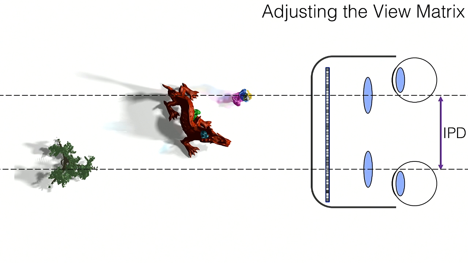And the effect this has on people that have different IPDs than the spacing between the lenses is that it essentially forces our eyes to verge in a little bit closer, so it essentially shifts the entire virtual world slightly. It's technically perceptually incorrect, but not super noticeable.